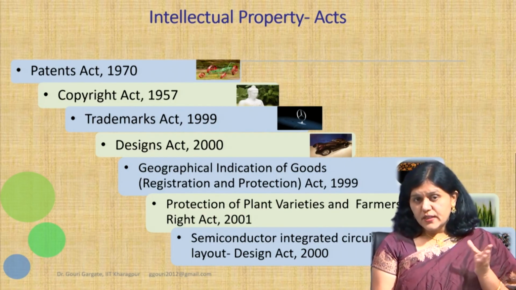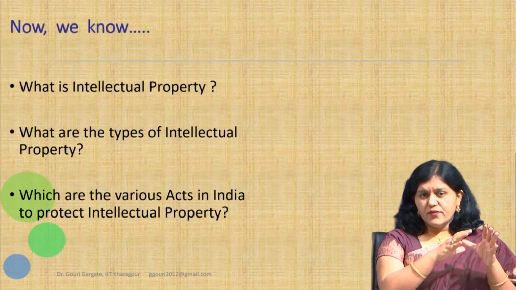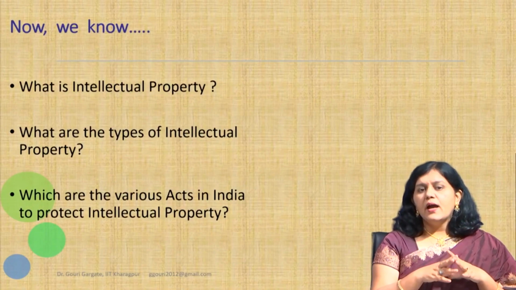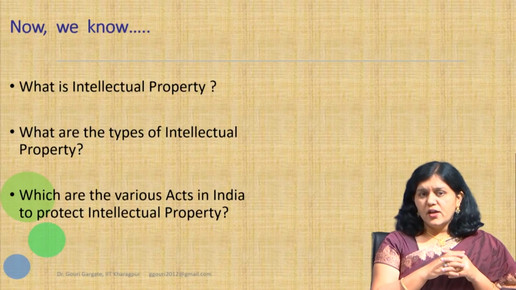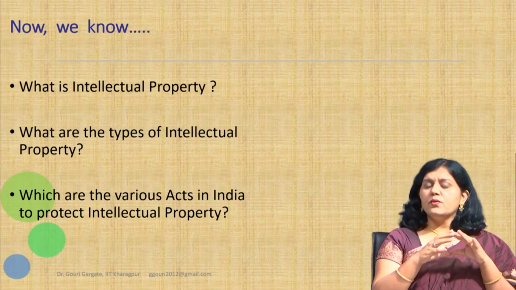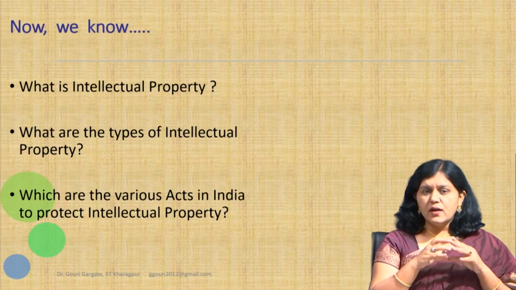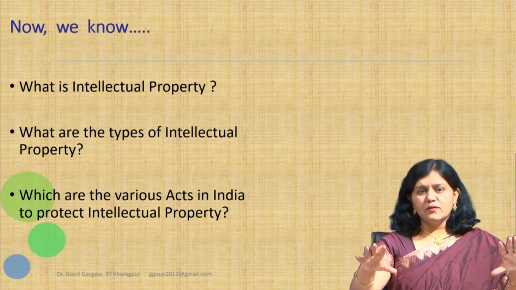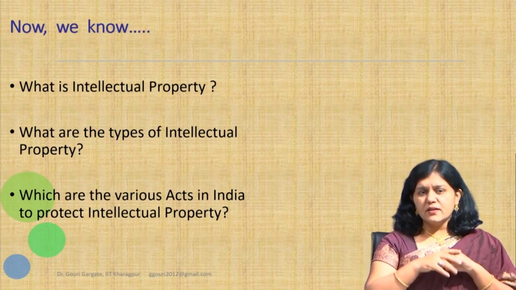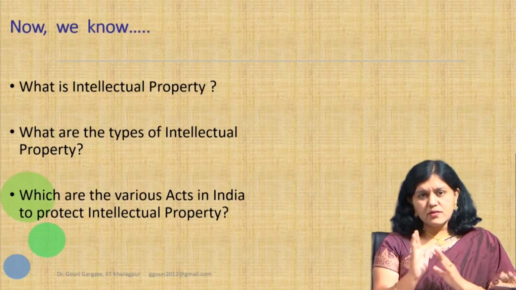So if you see the different types of IPs and statutory provisions, you get a pretty good idea that when you enter into intellectual property, various types are there and every IP is different.